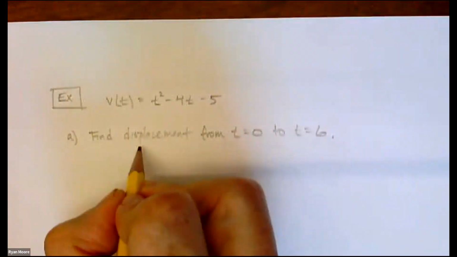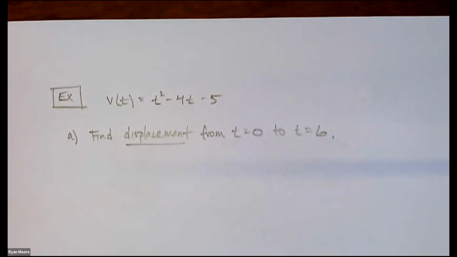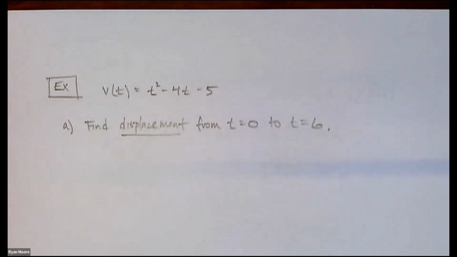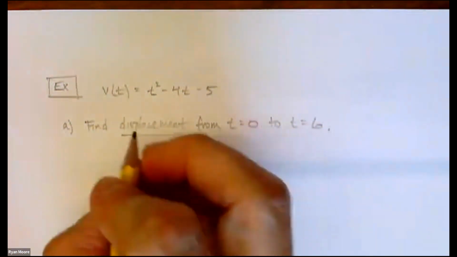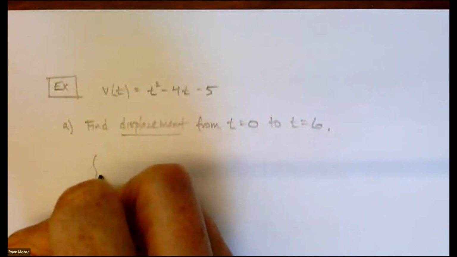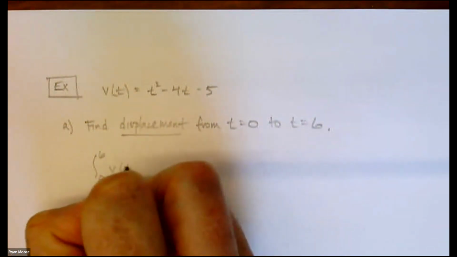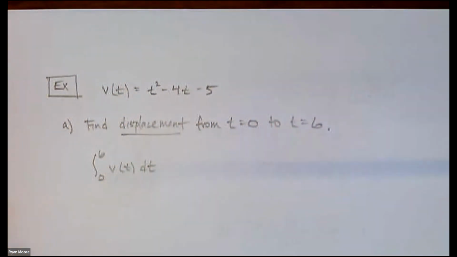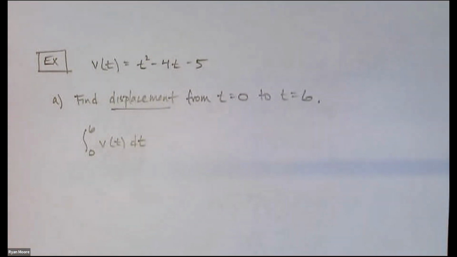Okay, when they ask for displacement, that's simply the net change. That's simply the definite integral. So all we've got to do is find the definite integral of our velocity from 0 to 6.